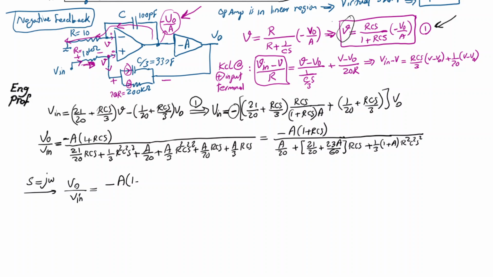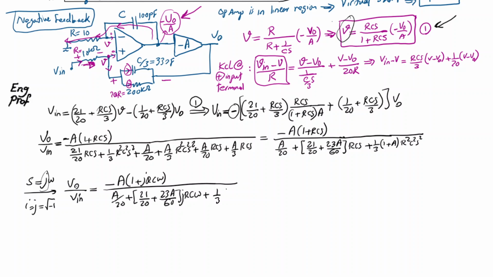So we get A plus JRC omega divided by A over 20 plus 21 over 20 plus 23A over 60 RC, let's say JRC omega, so I'm going to keep it here. And just to make sure we are on the same page, J, also referred to as I, is just the notation for the square root of -1. It's just for complex numbers.